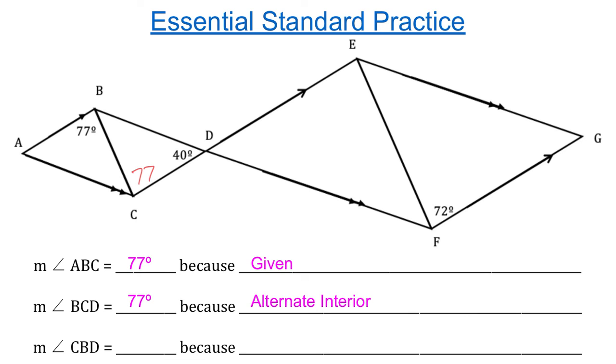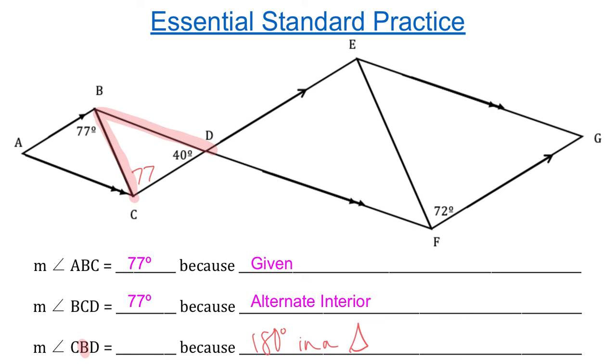And now I'm going to try to figure out angle CBD. So this B is my vertex, CBD is right here. So I'm trying to find this angle up here. Now you might notice that we have a triangle here, and we know 2 out of the 3 angles in a triangle. So the reason that we're going to use this time is 180 in a triangle.